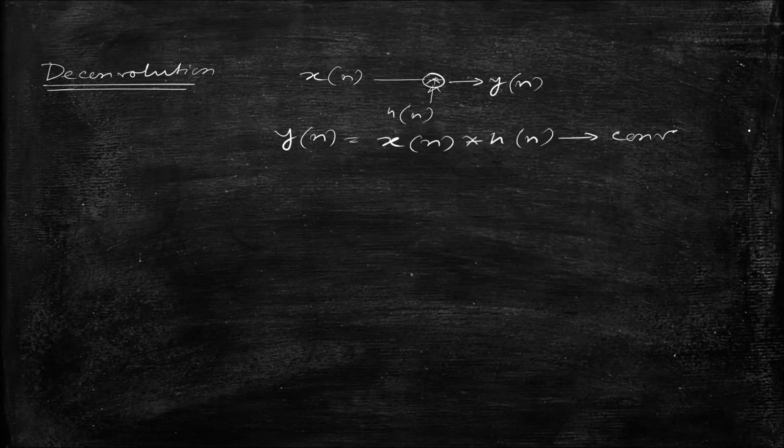We have inputs as well as response, and we have to find the corresponding output. The deconvolution is the reverse process of this system: output is given, response is given, and we have to calculate the corresponding input. Deconvolution is always done on the receiver section.